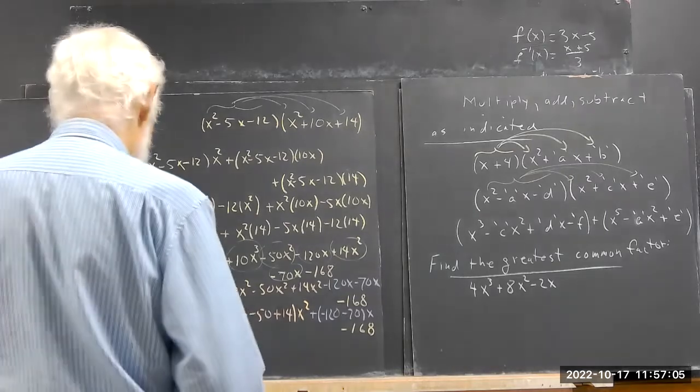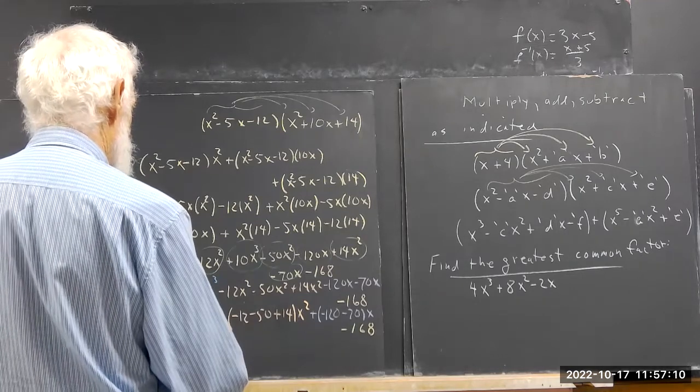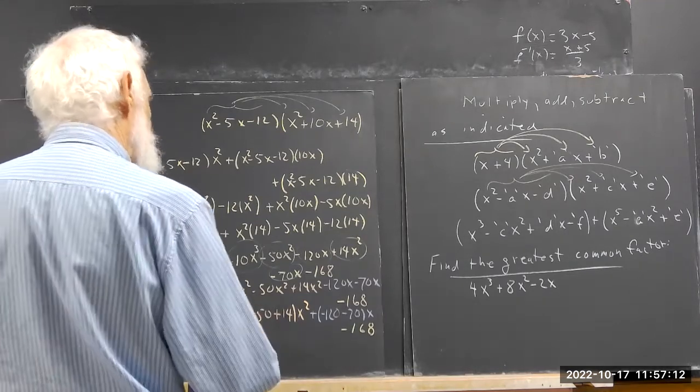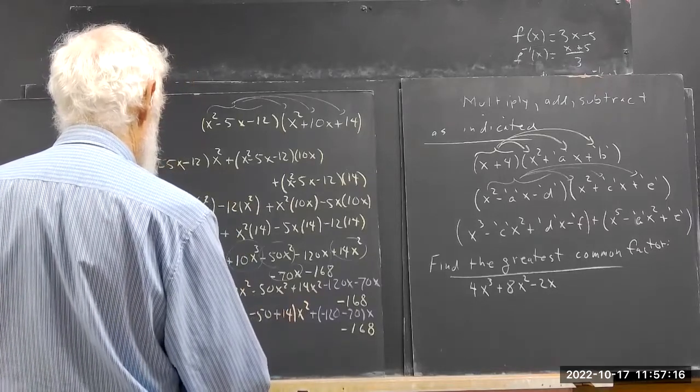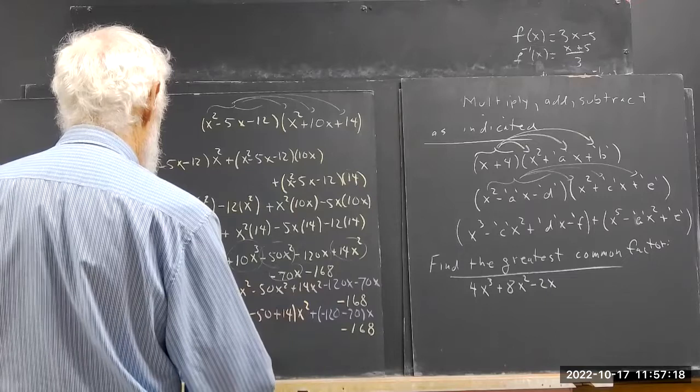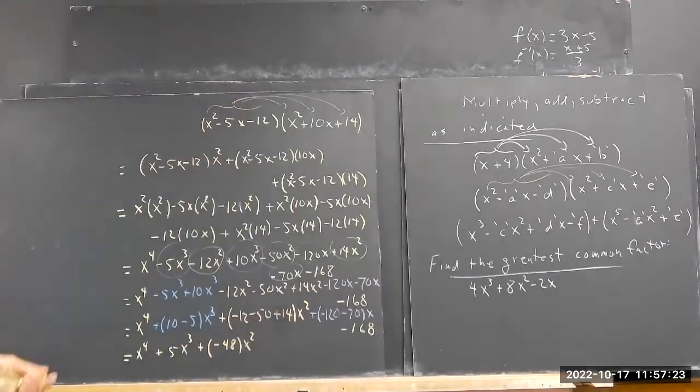And then what's this? This will be plus. Now, negative 12, negative 50 is negative 62, 14 is 48. Plus a negative 48x squared. Of course, I'm going to write that as minus 48x squared.